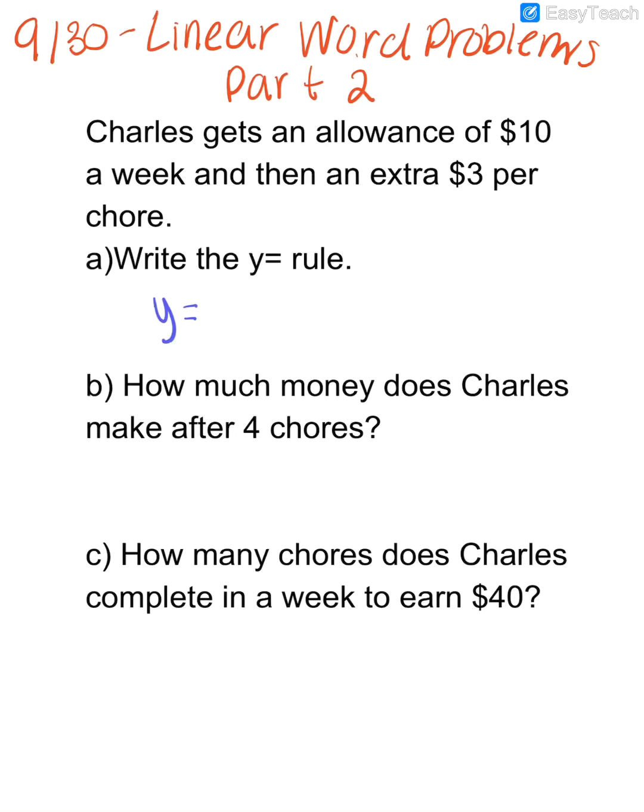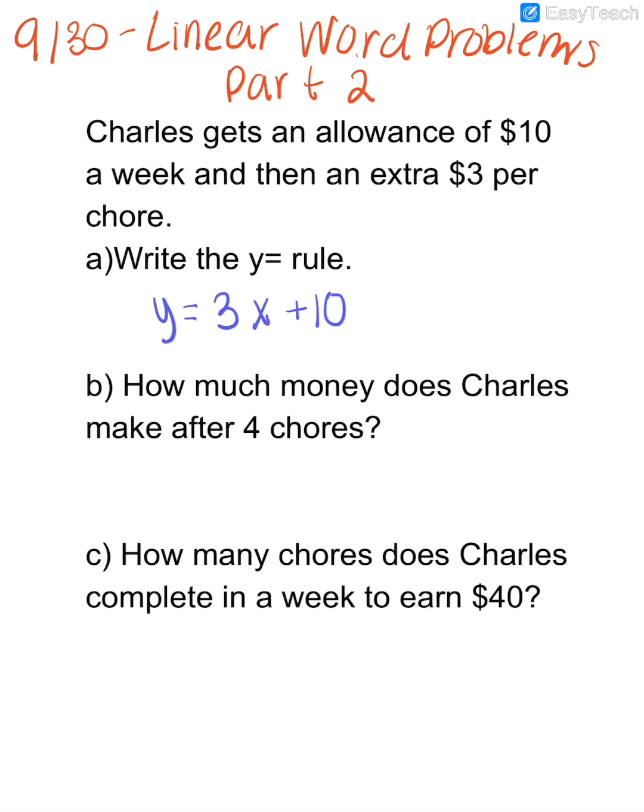So that means we can add that at the end as our starting point, because that is where he's going to start every single week when he's getting his money from his parents, because he gets that $10 no matter what. Then an extra $3 per chore. So that means it's $3 every time he does a chore. Okay?